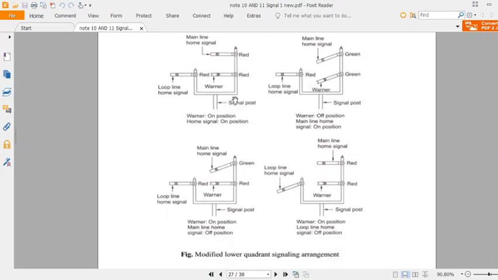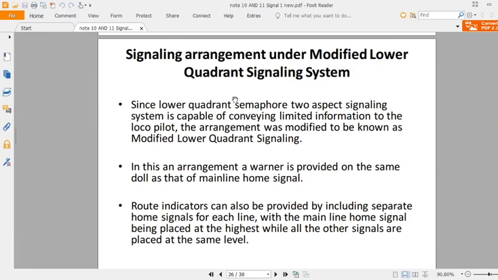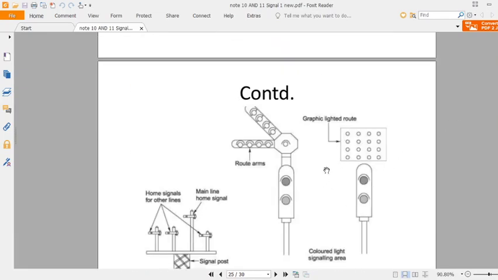In the case of colored light signals, the home signal is provided with either a graphic light route indicator displaying the line number on which the train is to be received, or different arms lighted by 5 lamps. These lamps form the arm which is used for indicating a line, while there is no arm in the case of a main line, as depicted in this figure.